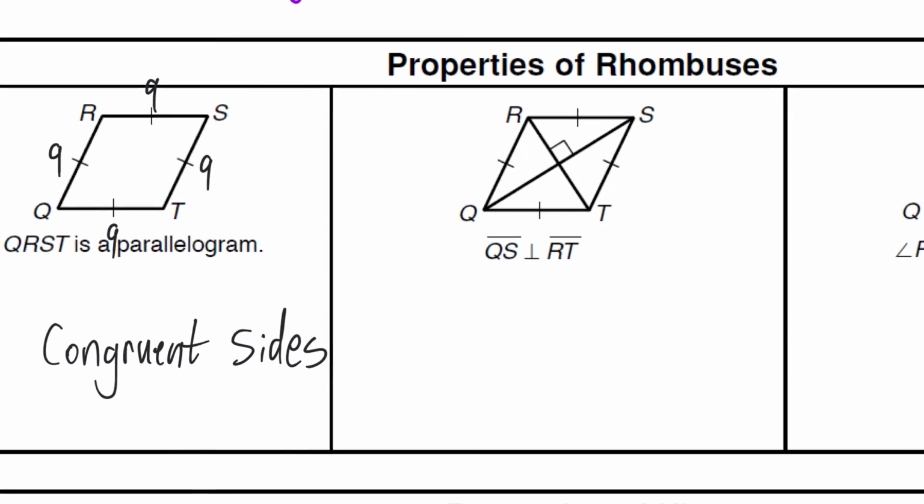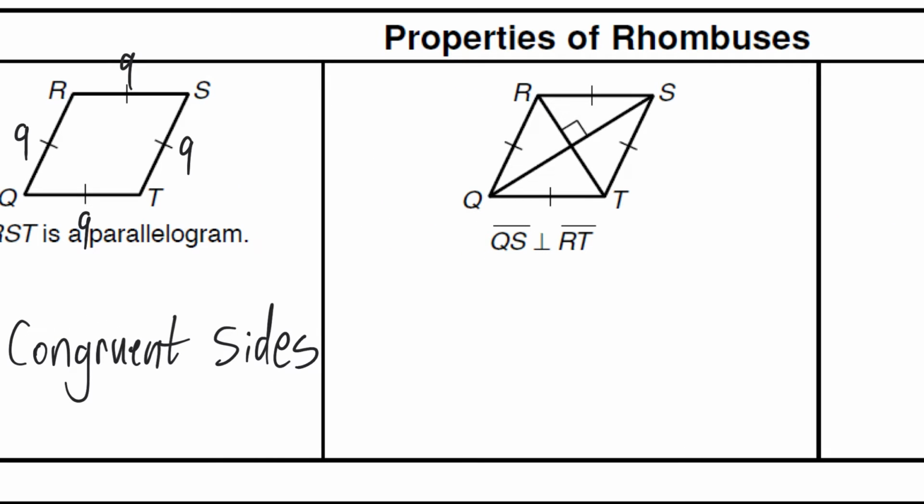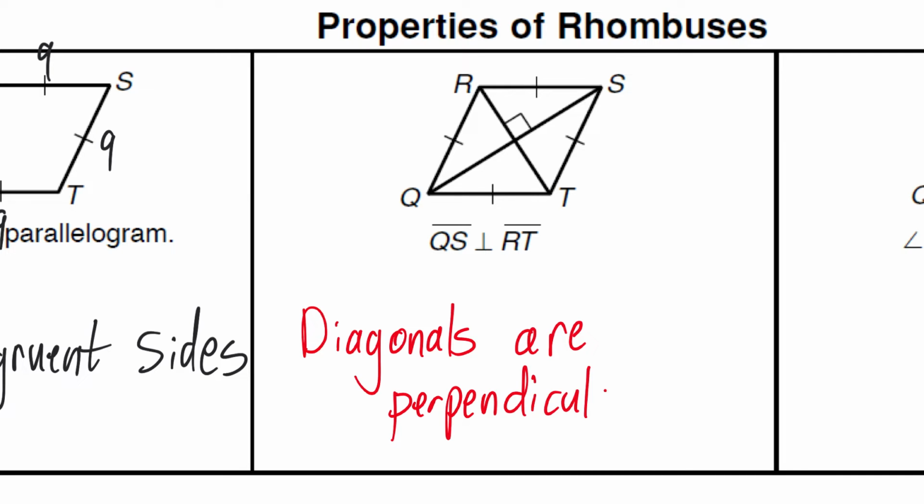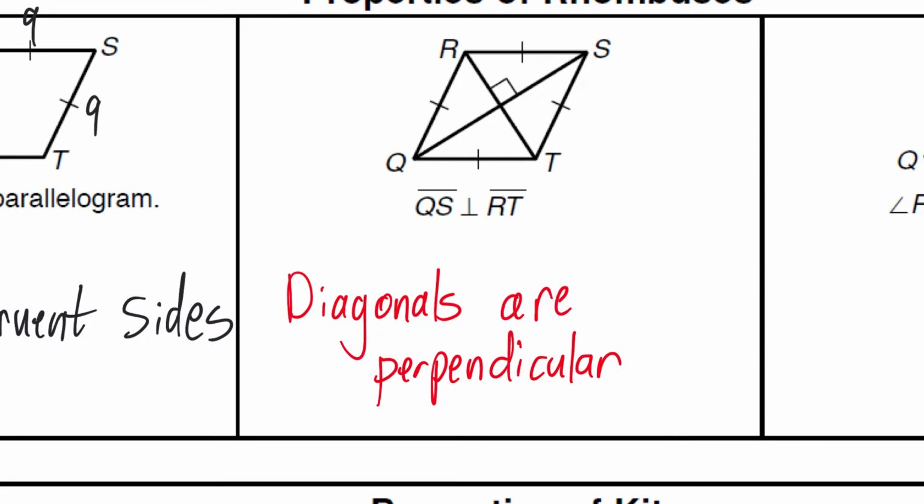Okay, now 2 properties of rhombus that we talked about yesterday. First thing is that the diagonals are perpendicular. Diagonals are perpendicular. What does perpendicular mean? They cross to make a 90-degree angle.